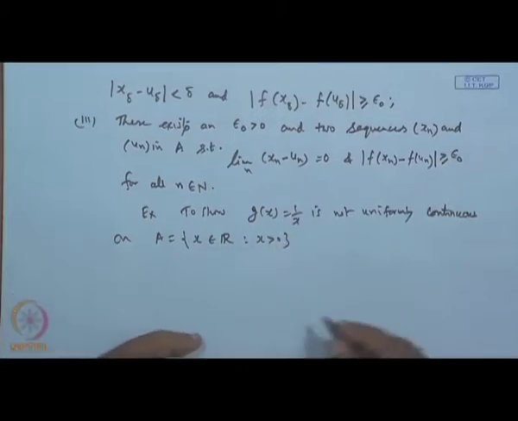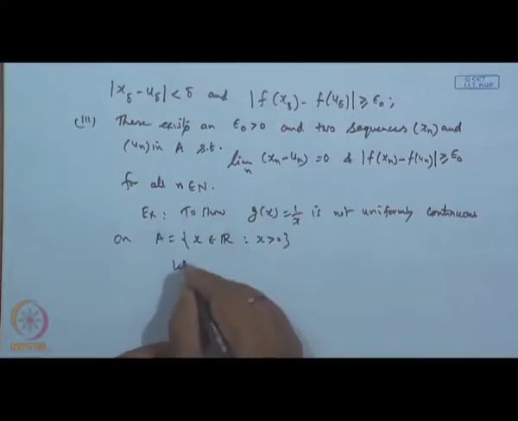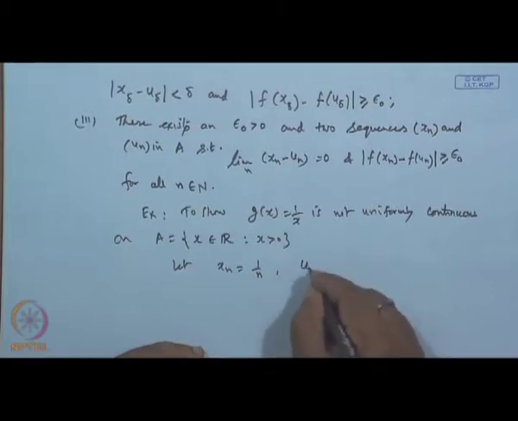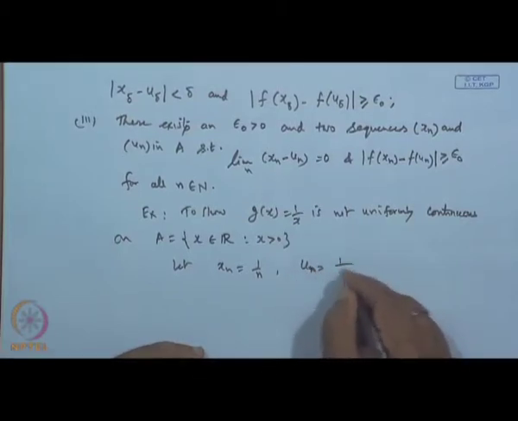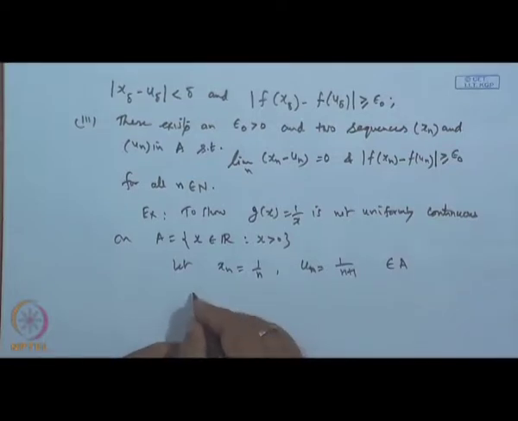So, what we do is pick two sequences. Let x n be 1 by n and u n be 1 over n plus 1, both are in A.